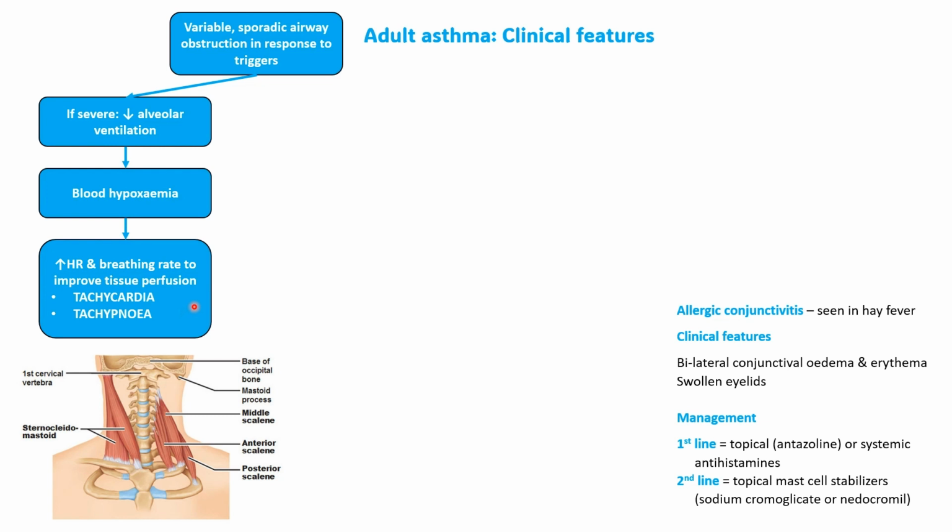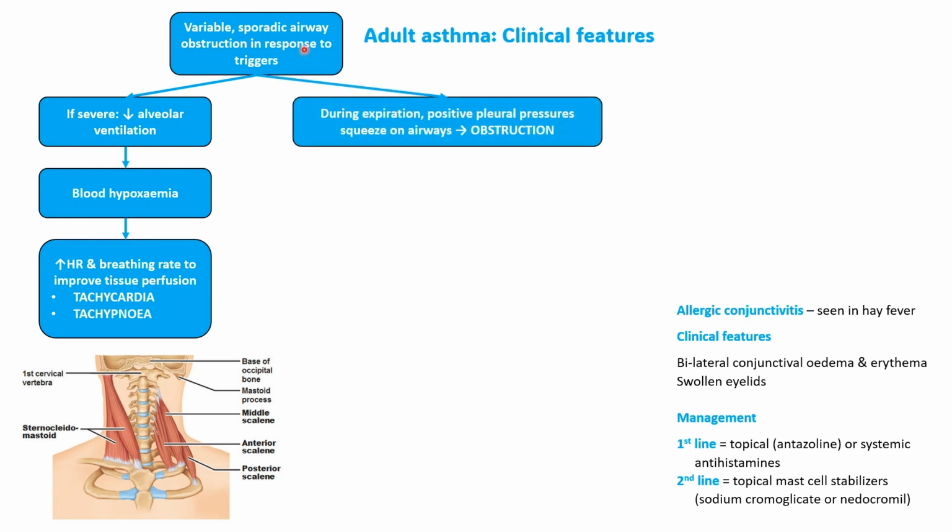Okay, and also during expiration, positive pleural pressures, so the intrapleural pressure, the pressure within the pleural cavity, can squeeze on the airways, leading to obstruction. So this is particularly during forced expiration. Say for example, if we look at our triggers, someone's doing exercise and they have to breathe quite heavily when they're breathing out.